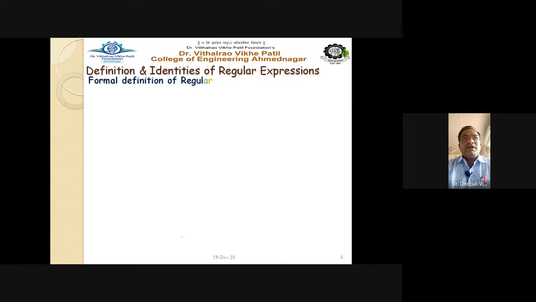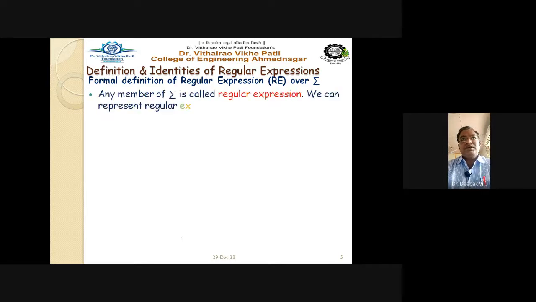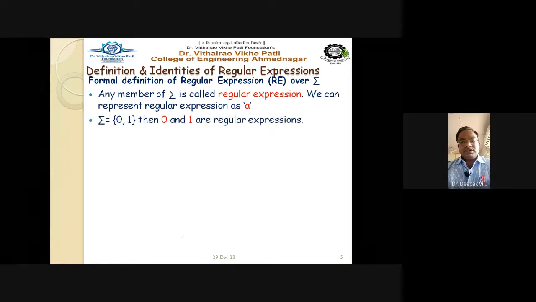So the formal definition of regular expression RE over the input alphabet sigma, we can define like this. See carefully, any member of the input alphabet sigma is called a regular expression. We can represent a regular expression as a, or as small r, or even capital R, or you can have R equal to a.